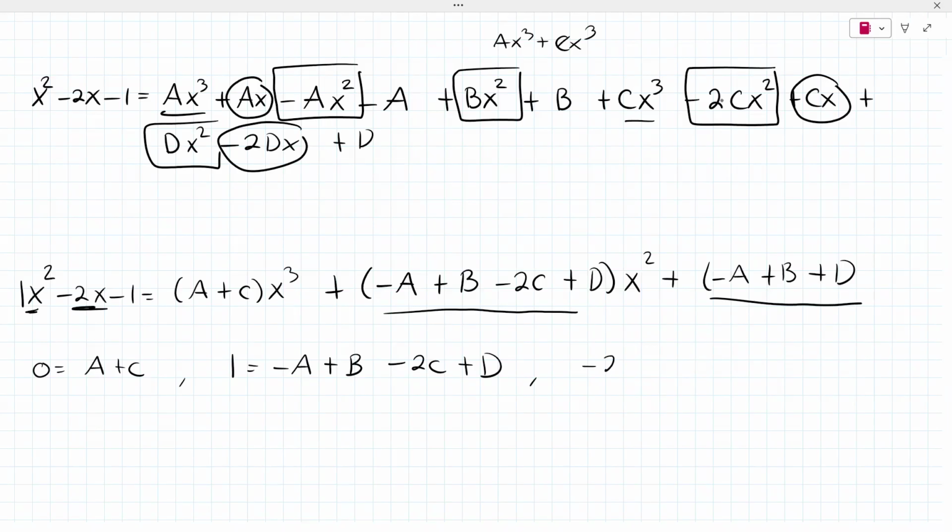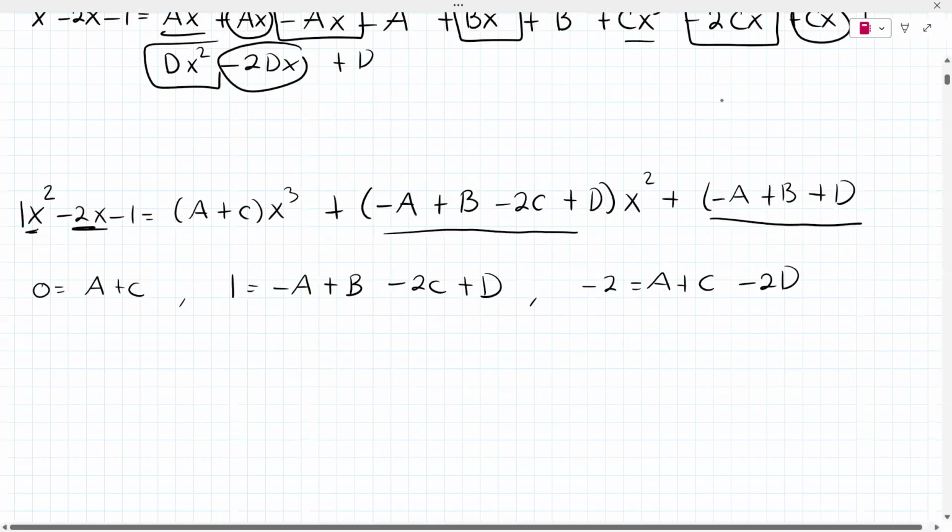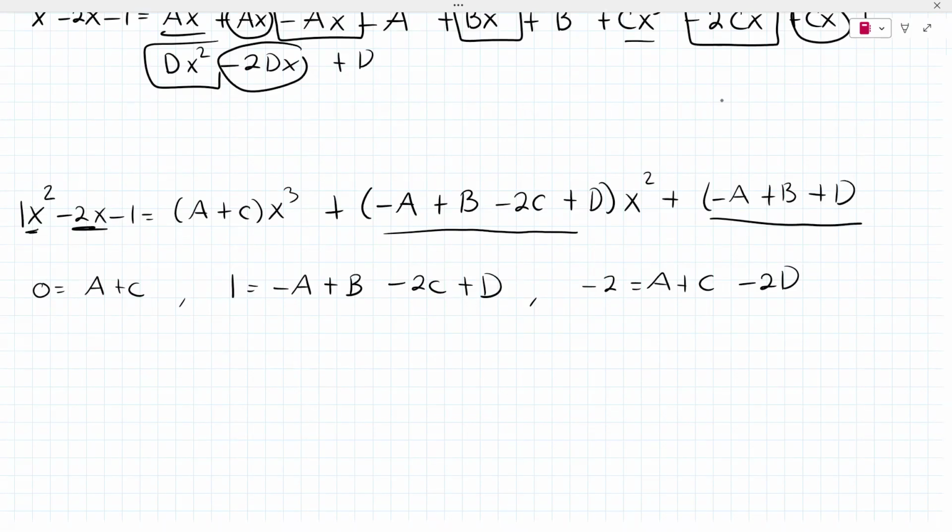It's going to be negative 2 equals a plus c minus 2d. And do we have a constant? No. So let's see here. What could we do?